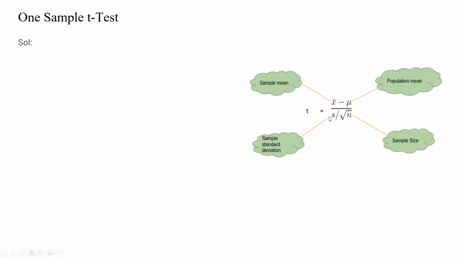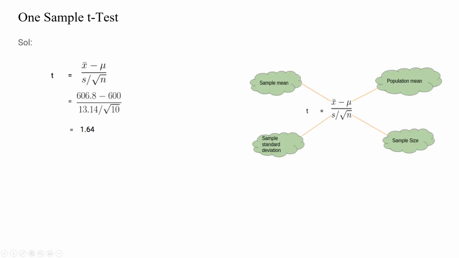Earlier in the denominator we had the standard deviation of the population, but since we do not have that information here, we will use the standard deviation of our sample. That's the only change between the t-score formula and the z-score formula. We calculate the t-value for our example, and it turns out to be 1.64.